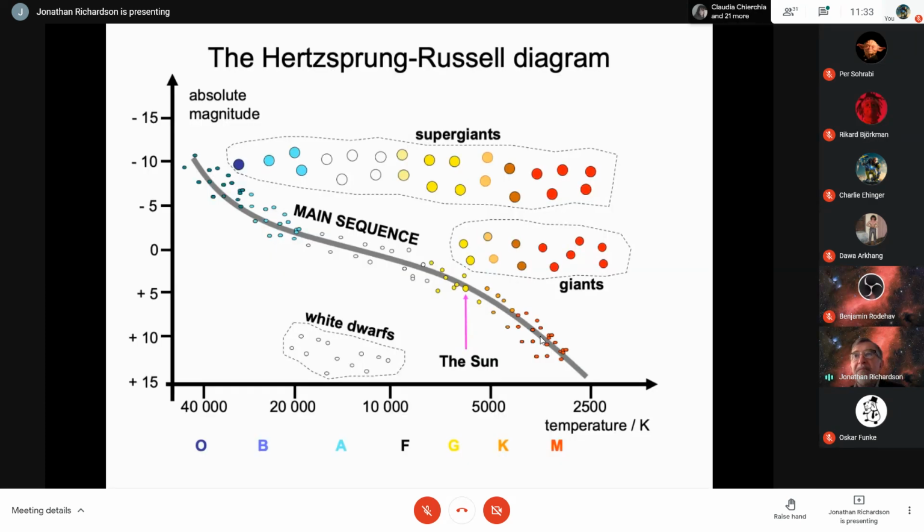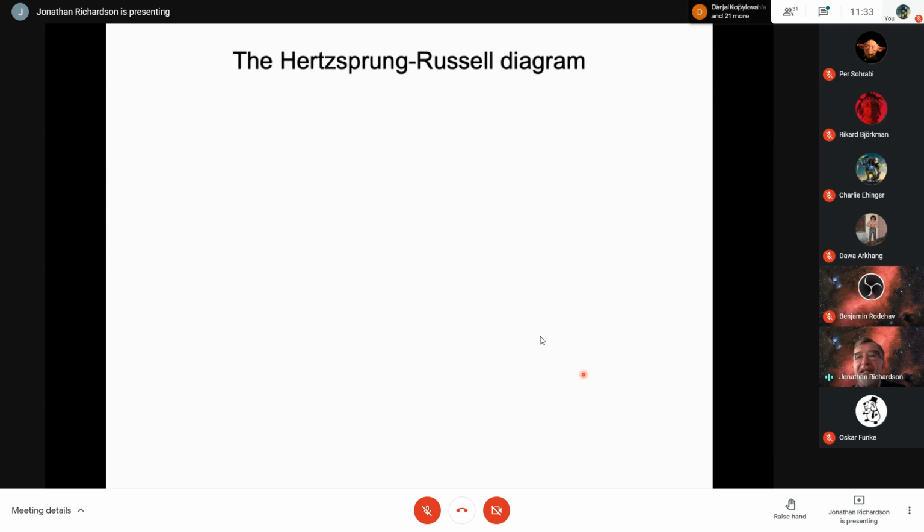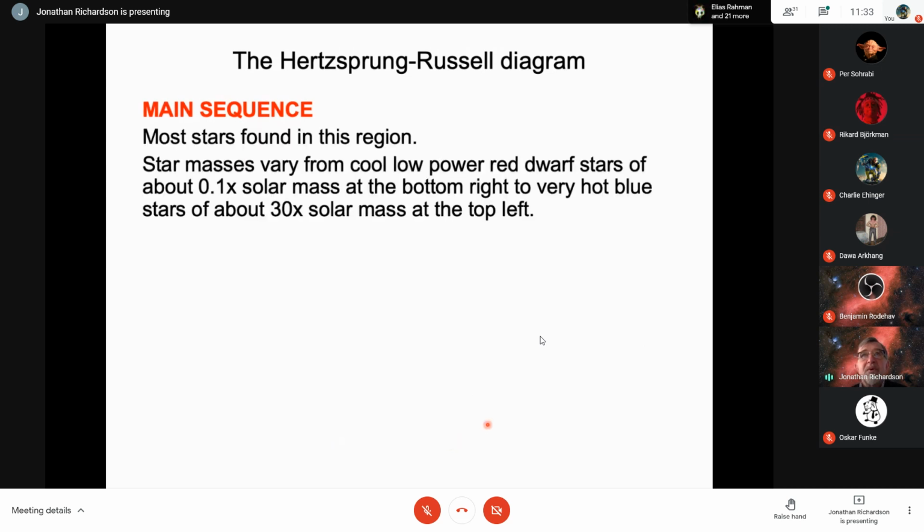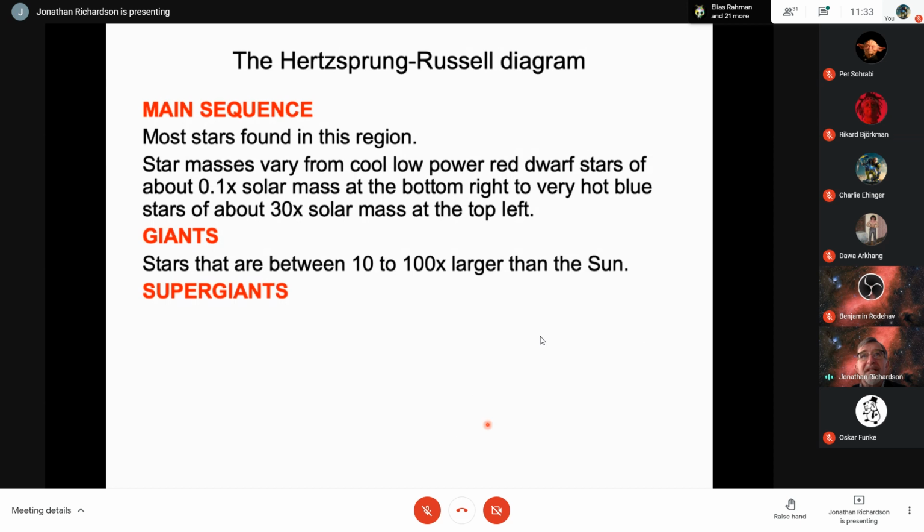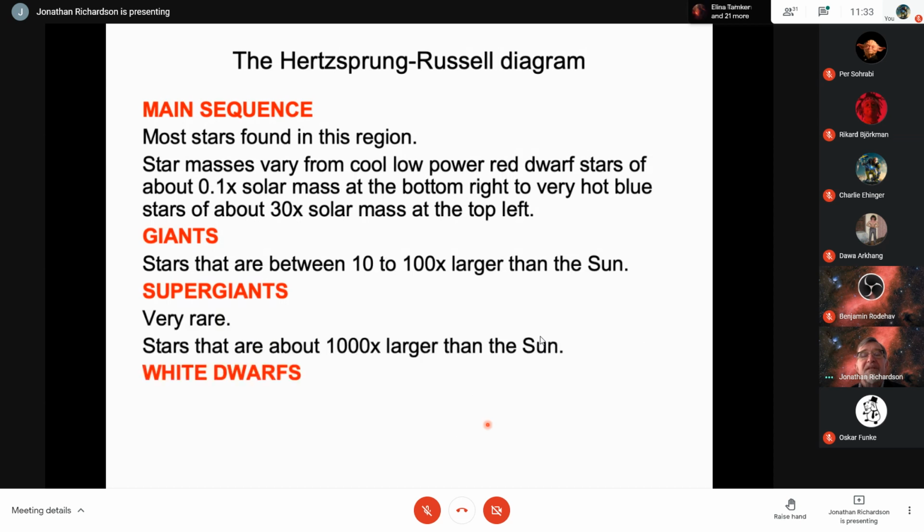Now, moving on, we can see that our stars fit into a number of categories. So we have 4 categories of stars that we have discussed. Each of them has a very significant area on the graph.